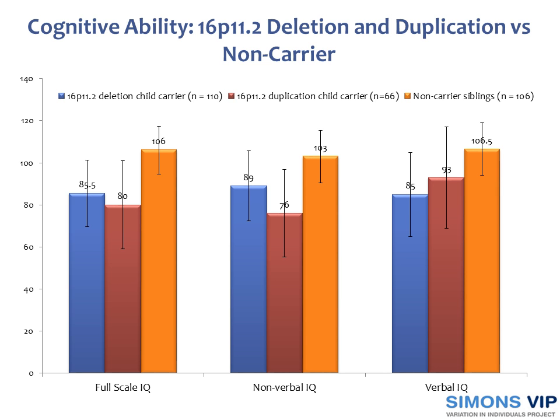So here's a little visual to show you some of the differences. If you look at the orange here, that would be the siblings, and if you look all the way to the left, that's probably the best one to look at, which is full-scale IQ, your overall IQ, and for siblings, it was 106.